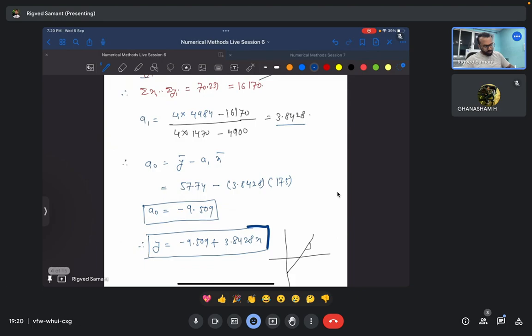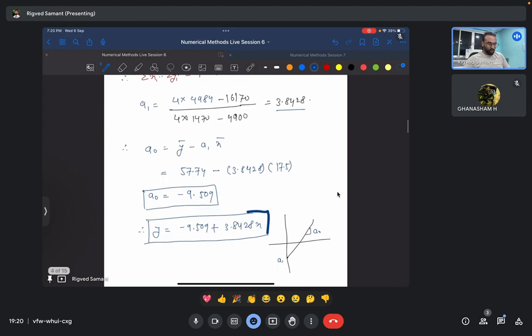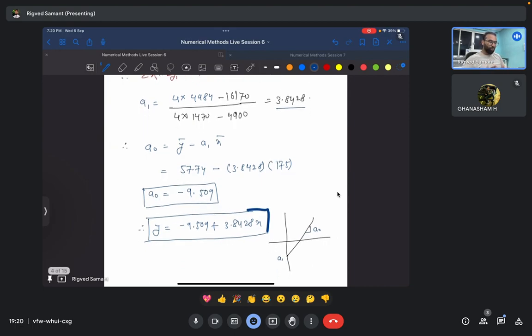This is your slope a0, and this point is your a1, right? So we got it till here, but how do you know whether it is a good fit or not? So we'll start with that today, and then we'll move on to interpolation.